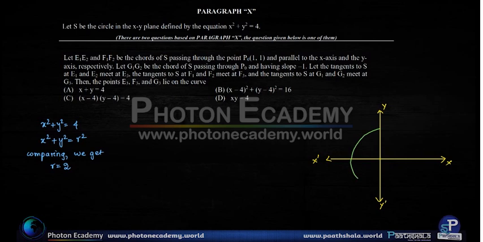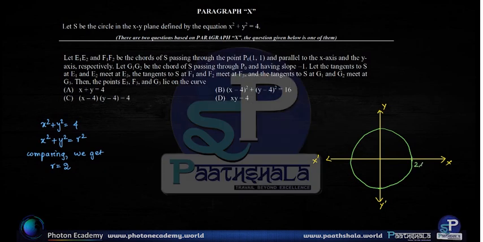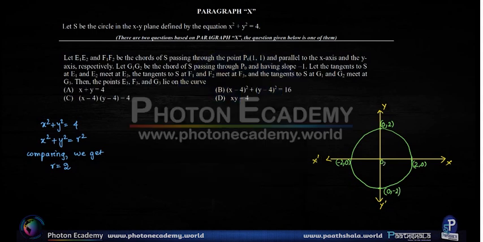We consider this as the circle. The radius is 2, so this point is 2, 0. This point is minus 2, 0. And the point here is 0, 2. This is 0, minus 2. And the center is 0, 0.